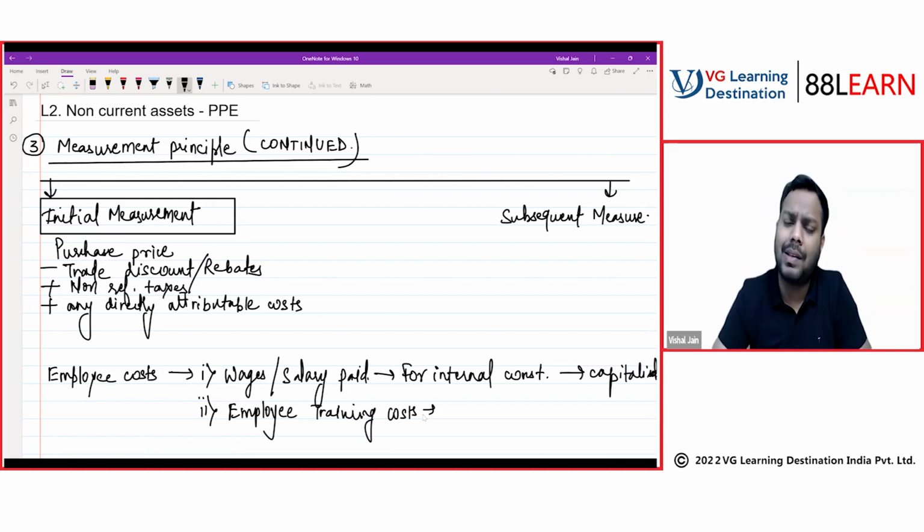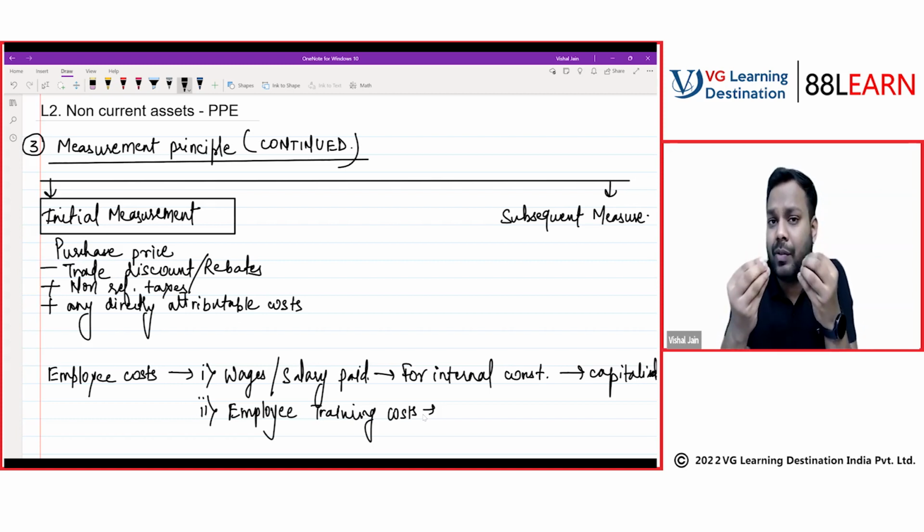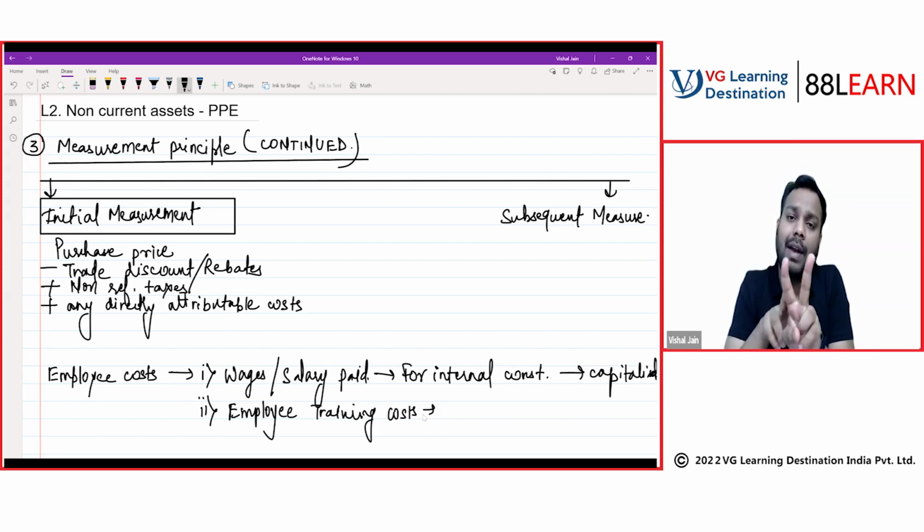Now let's understand the meaning of capitalizing the cost as well. Guys, whenever you incur any expenses, whenever there is any outflow, it can have two treatments.